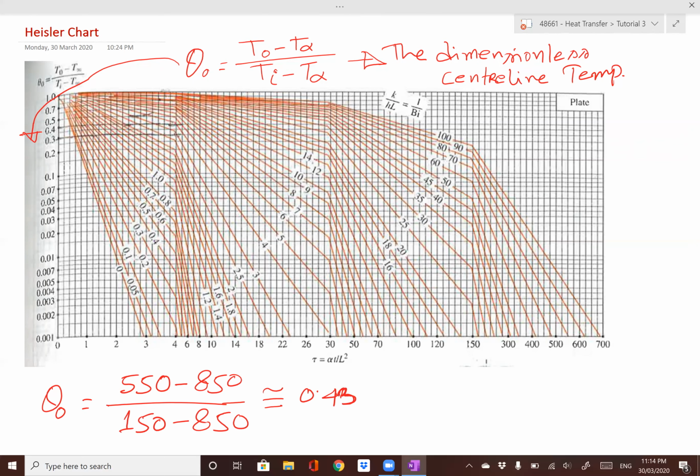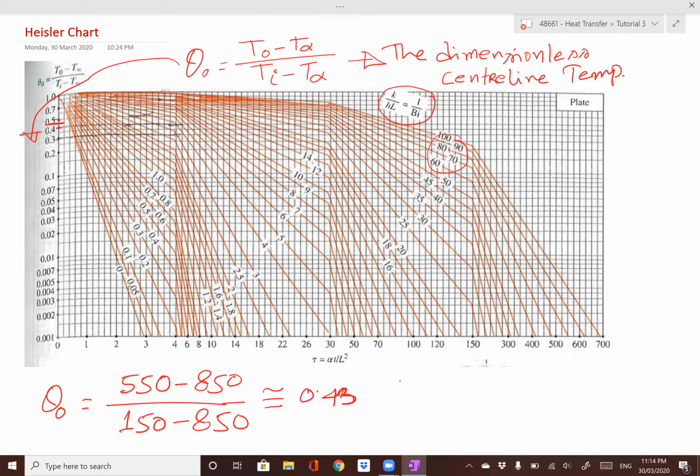Now from this y-axis, we'll find 0.43. So here is 0.4, here 0.5. So it will be in between these two, say around here. Okay, now there are so many lines given. These are basically the inverse of your Biot number.